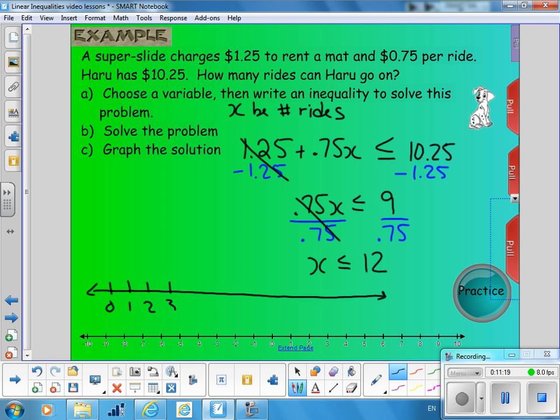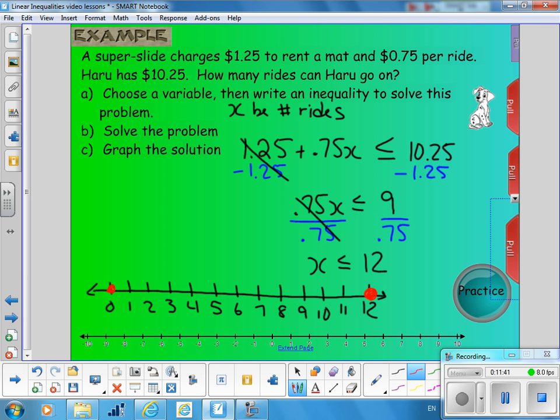So we make our number line between 0 and 12. And now we have to think about this still. Okay, 12 is included, so I'm going to include 12. It's shaded. Each of these represents the number of rides. We can't go on half of a ride or a quarter of a ride.